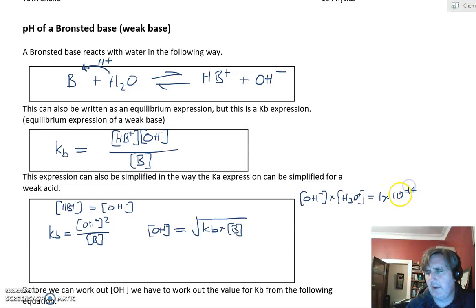This expression is called Kw. Because of this, the negative log of this, which is pOH, plus the negative log of H3O plus, which is pH, equals 14. This is really important because we can use this expression to make some of our calculations a lot simpler.